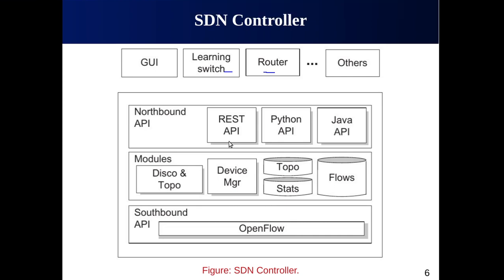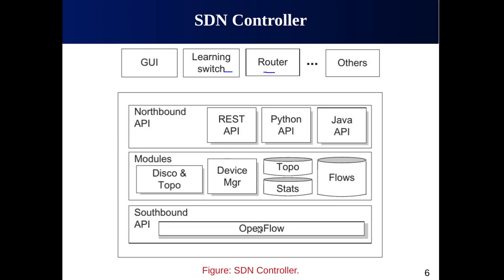The figure can also show the modules that provide core functionalities of the controller. It also contains a Northbound API and the modules there, and also the Southbound API is used here.